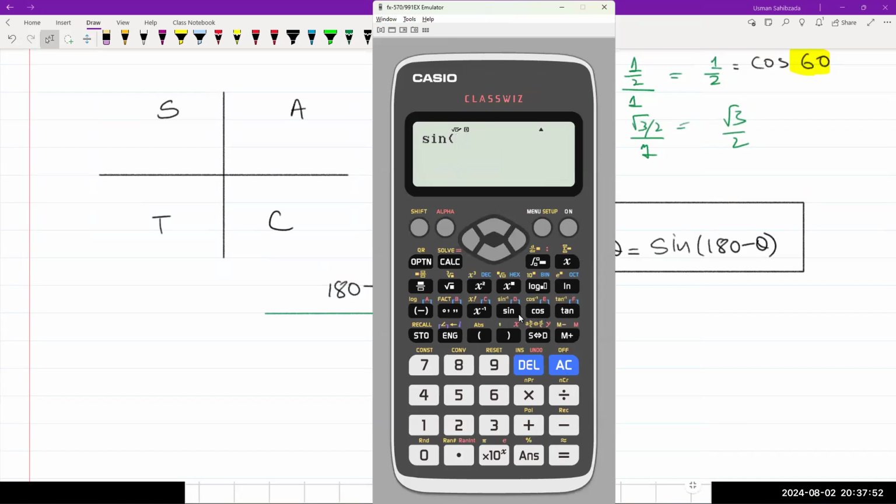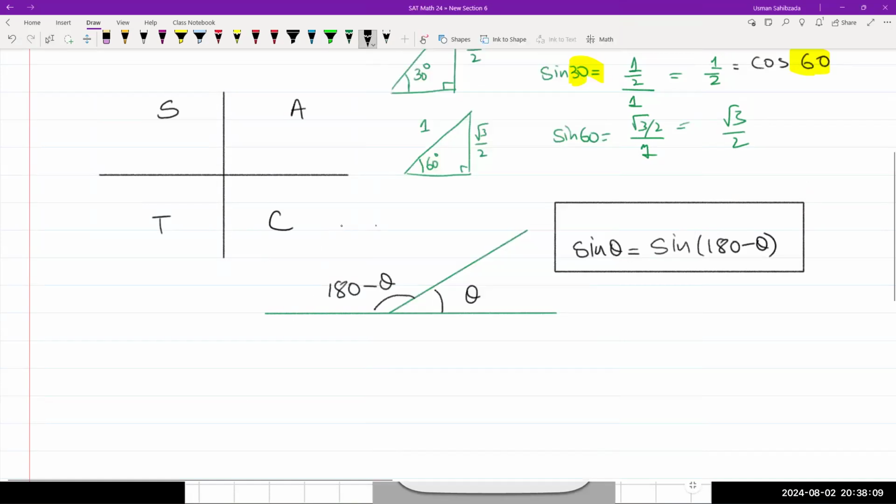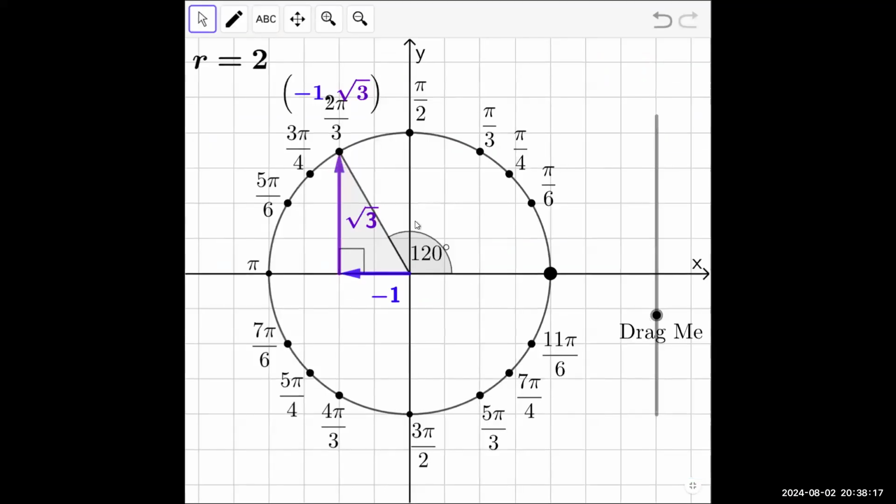So if I say sine 30, that's half. I say sine 150, that's half. I say sine 210, that's negative half. I say sine 330, that's negative half. Why did I take those specific numbers? The reason lies in this unit circle.